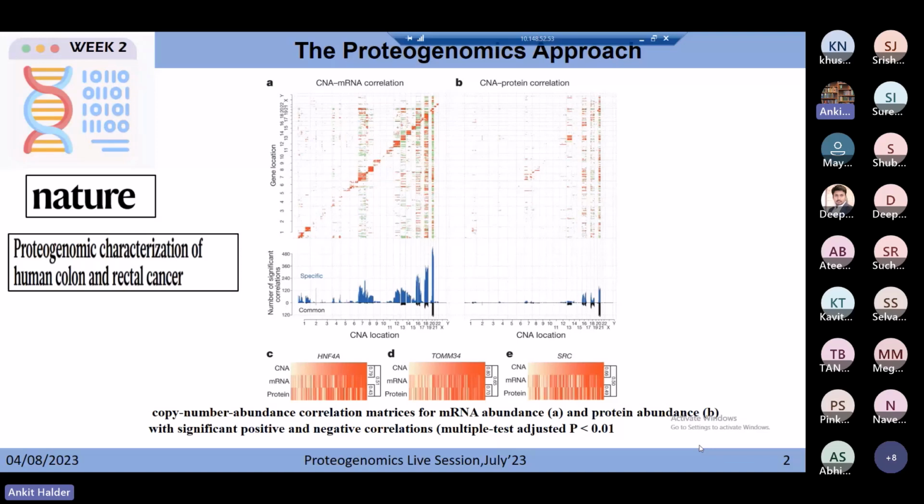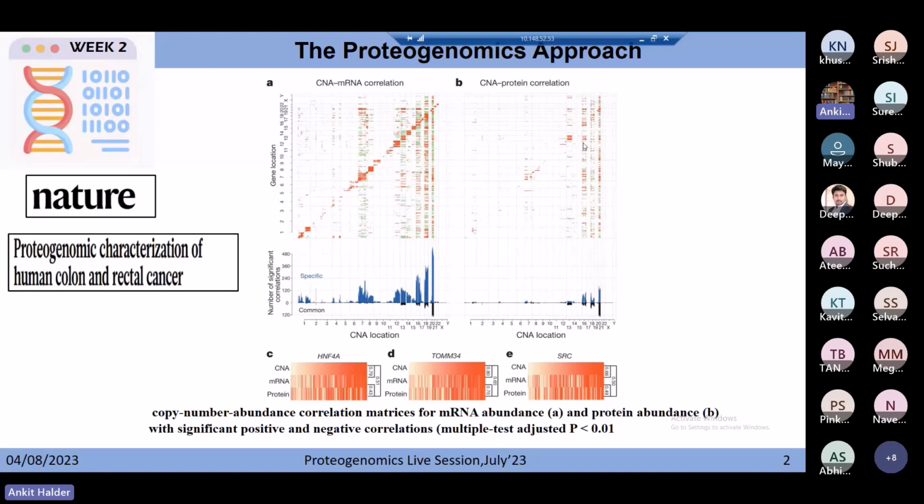So this graph shows that copy number variations at the genome level have an effect at the mRNA level, but not always, and in the protein abundance it is not so. Though at the mRNA transcript level there is an effect of the copy number abundance, in the protein there is not, and there is a significant negative correlation.